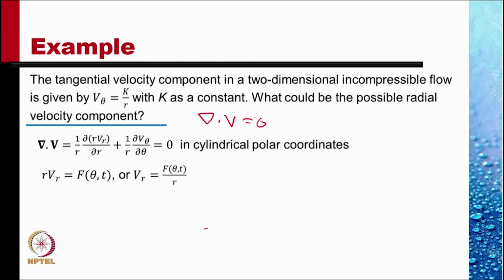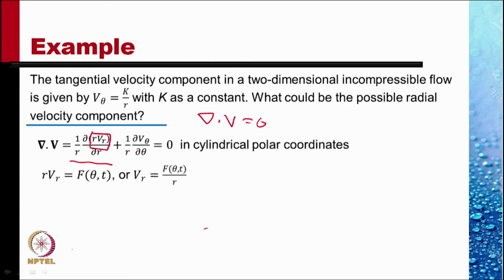And since V theta is a function of r alone, not of theta, the second term is 0. This means that r Vr must be independent of r.